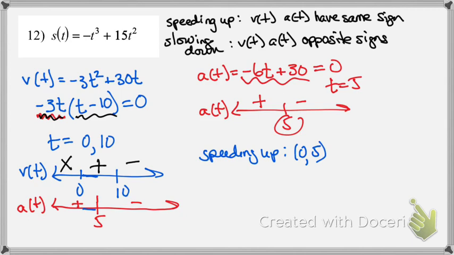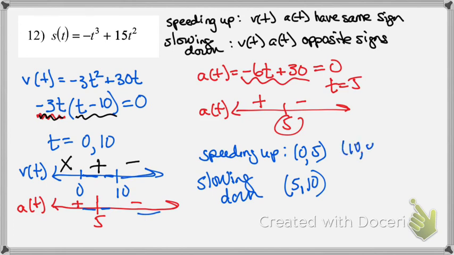After 5, this is now plus, minus, so that's slowing down. So from 5 to 10. And then from 10 on, it's minus, minus, so that's speeding up again. Okay?